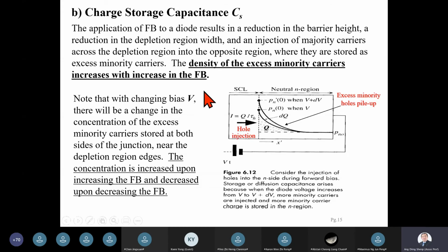Notice that the storage capacitance is not related to the space charge stored, but to the excess minority carrier charge stored in the two quasi-neutral regions under forward bias condition.